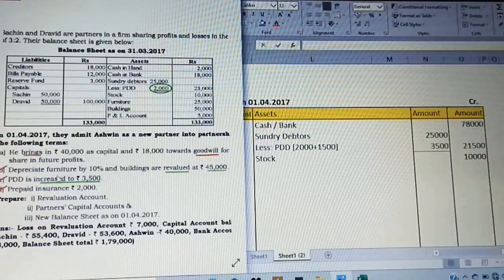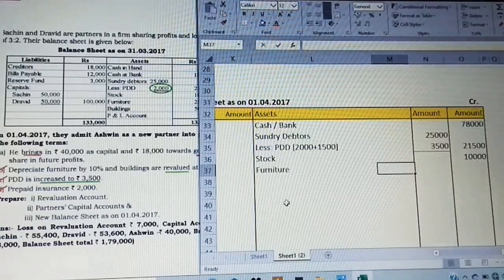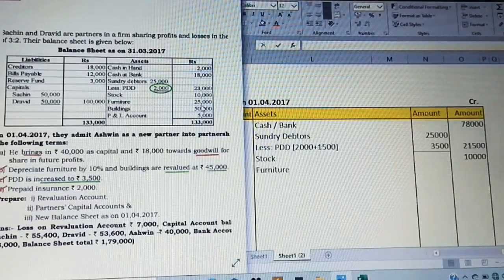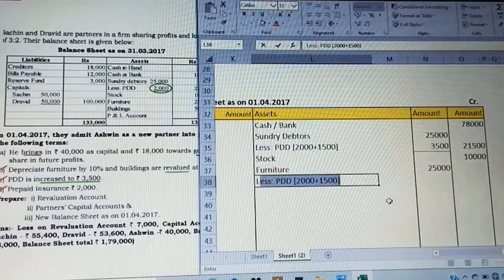Next item we have is furniture. Furniture has an adjustment of depreciation, so that is going to be taken in the inner column. Furniture, I am taking it in the inner column. The value is given as 25,000. So I am going to take 25,000 less depreciation.